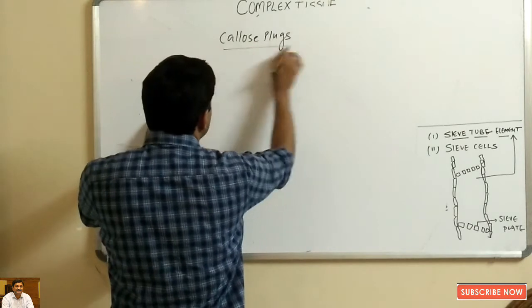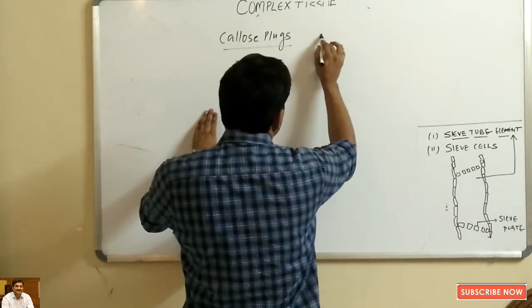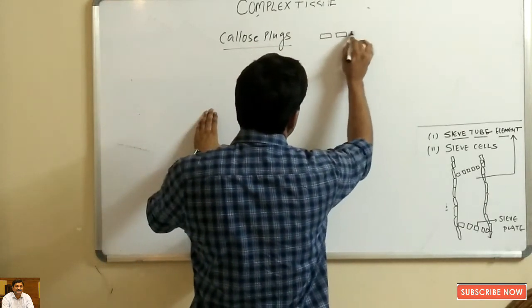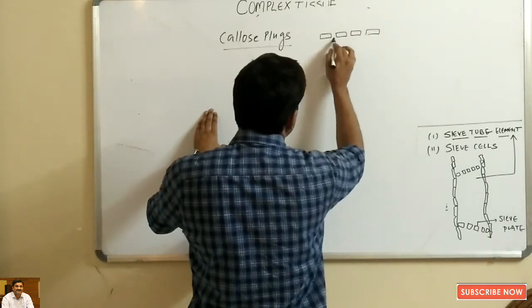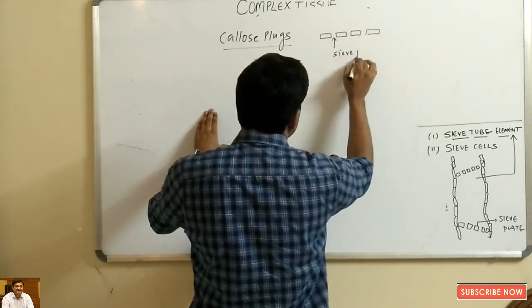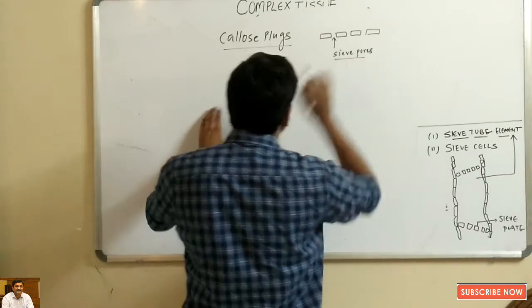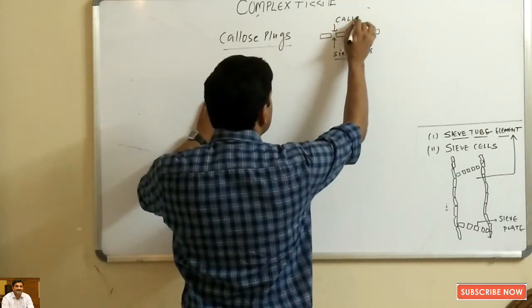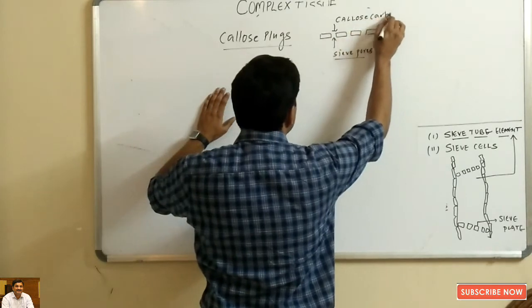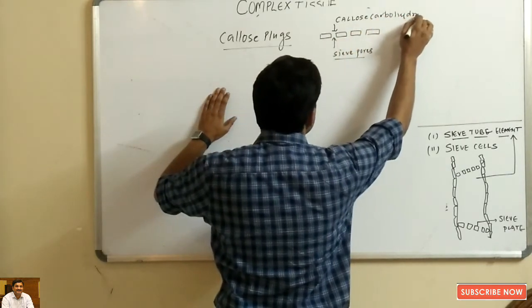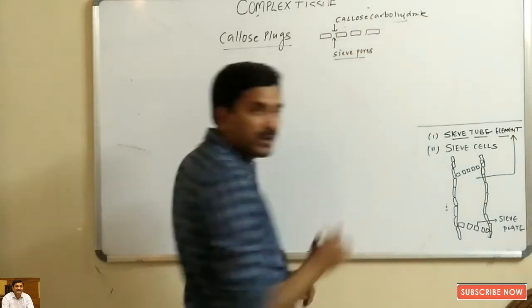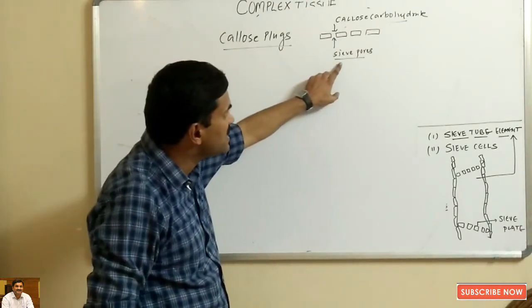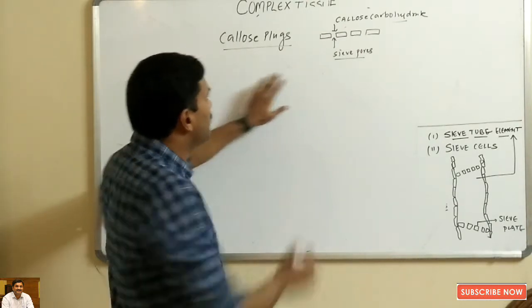Say these are the sieve pores. There is a carbohydrate known as callose, which closes these sieve pores with the help of what?